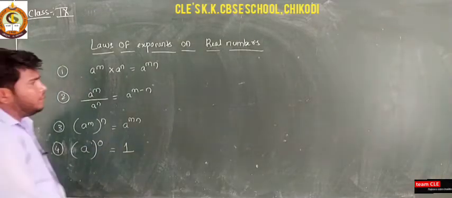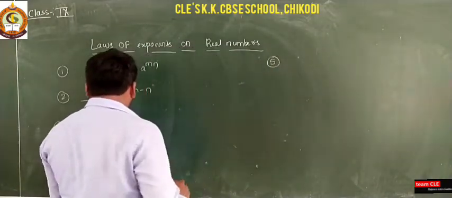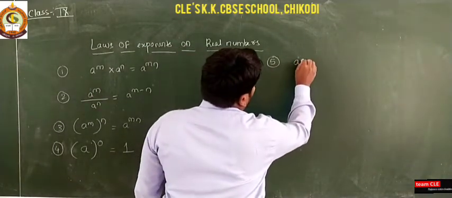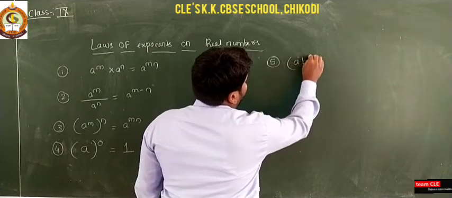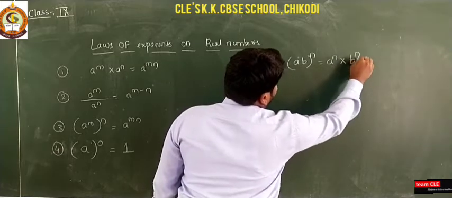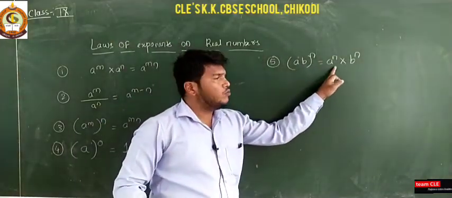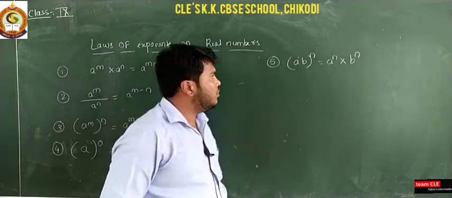The fifth law is a into b whole raised to n is equal to a raised to n into b raised to n.